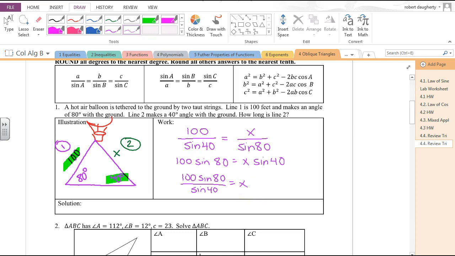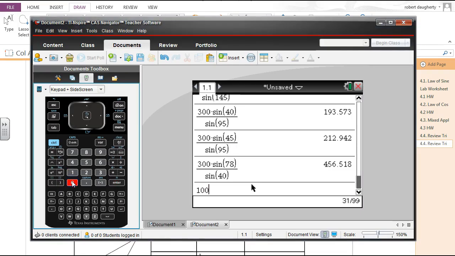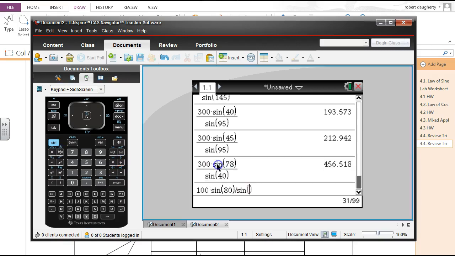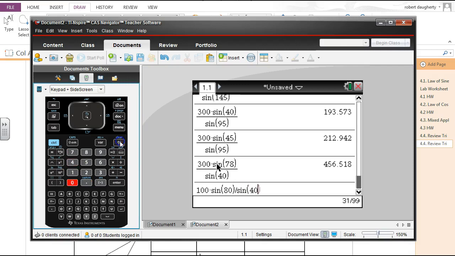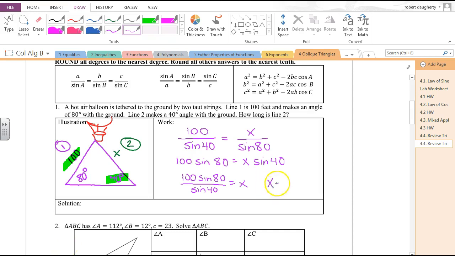So go to my calculator: 100 times the sine of 80, and then divide that by the sine of 40. I get 153.2. So x equals 153.2, and those are feet. That is how long line 2 is.